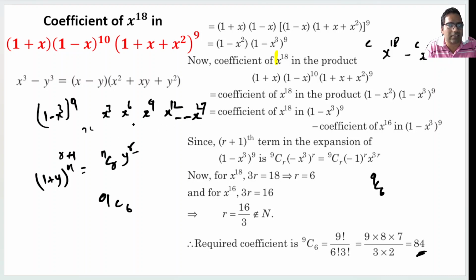Plus, minus, anything can happen, but there is no way it will have a term like x^16.